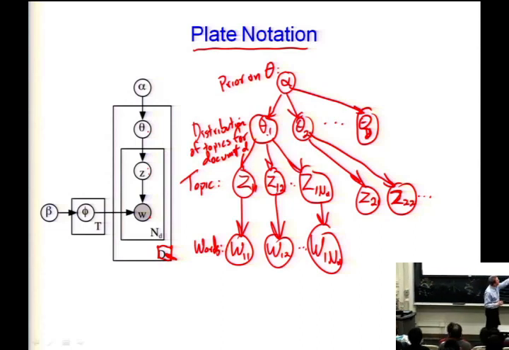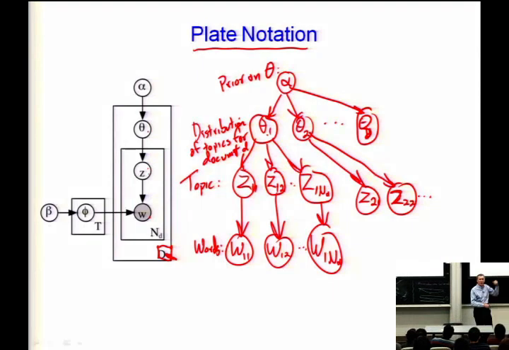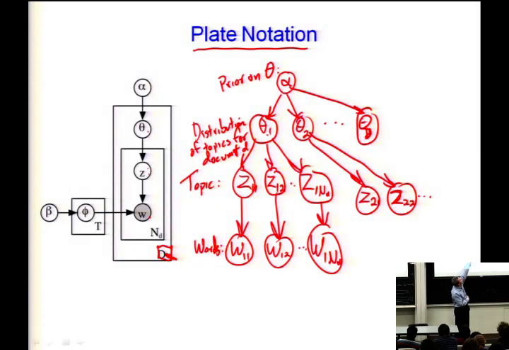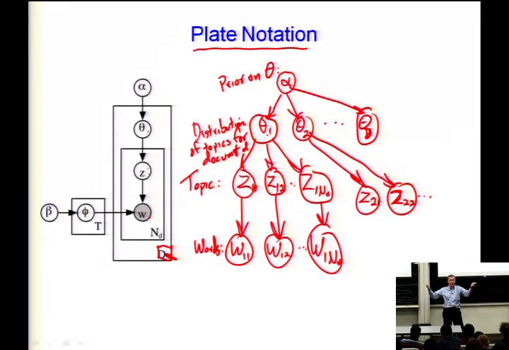So according to this Bayes net, if I've learned all the parameters and I want to generate a new document, I start with alpha, which gives me a prior on the thetas, and I take a random draw from alpha to generate the theta that I'm going to use for this document.